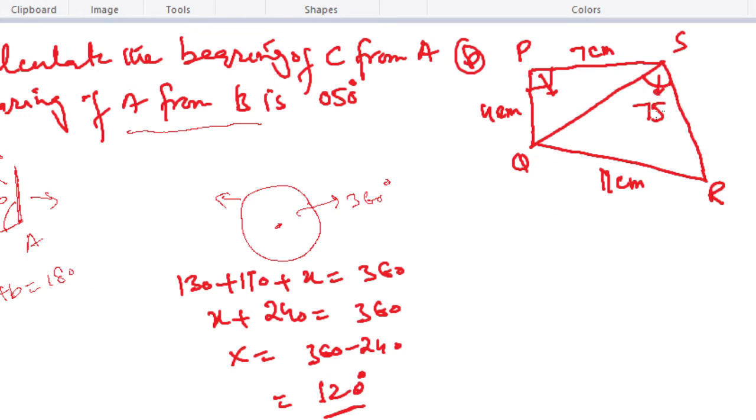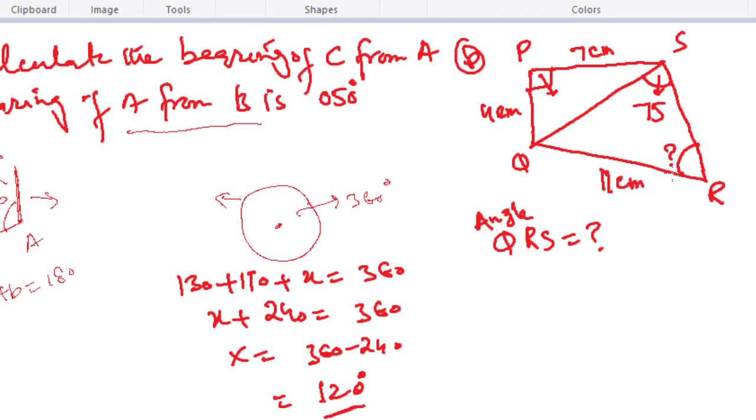Calculate the size of angle QRS. Angle QRS is required. Now see, this is QRS, this angle is required.